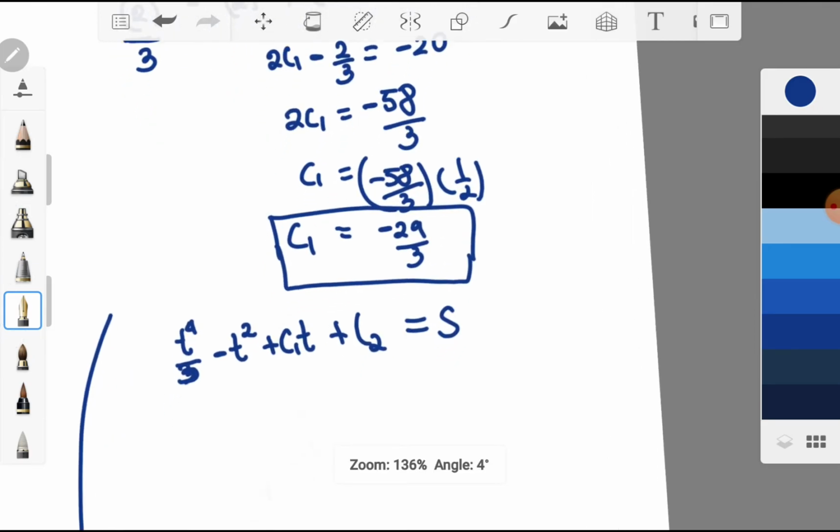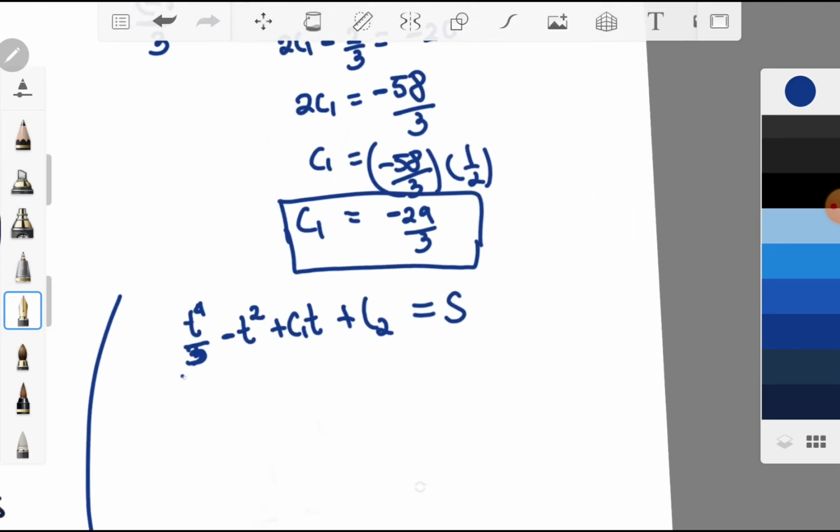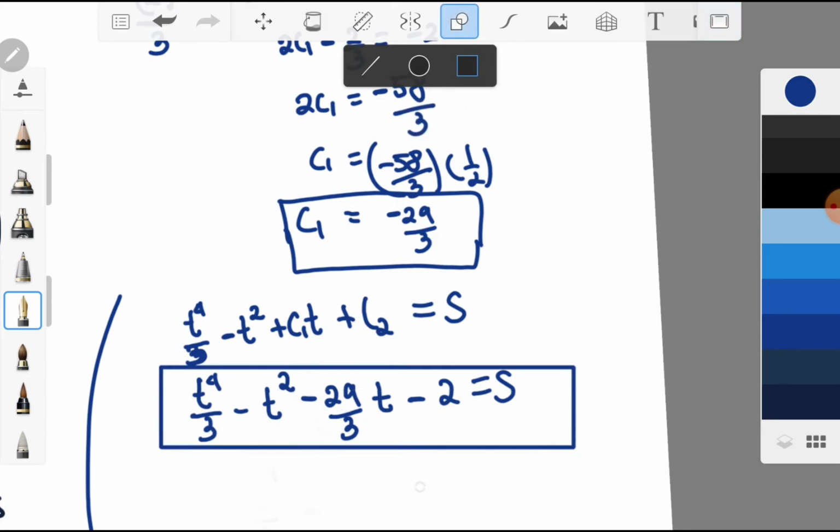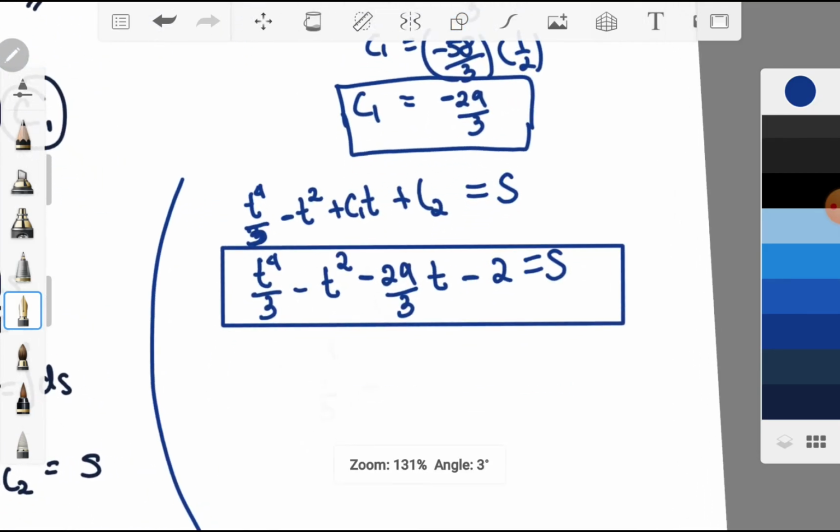Knowing that our c1 is equal to negative 29 over 3 and c2 is equal to negative 2, we have t raised to 4 over 3 less t squared less 29 over 3 multiplied by t less 2 equals s. This is the exact equation of our s. So we already know the c1 and c2.